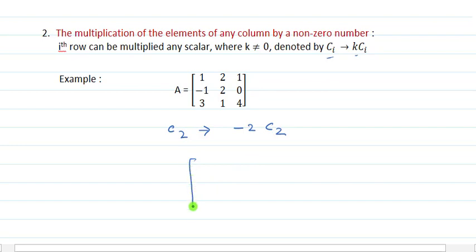So therefore this matrix turns to, as we are applying operation on C2 only, there will be no change in C1 and C3. Change will be only in C2 and every element will be multiplied with minus 2. We are getting minus 4, minus 4, minus 2.